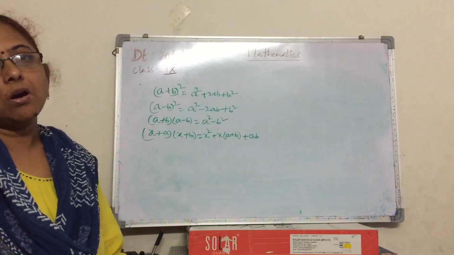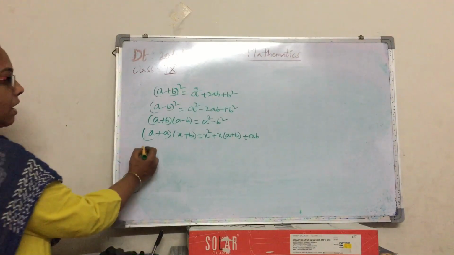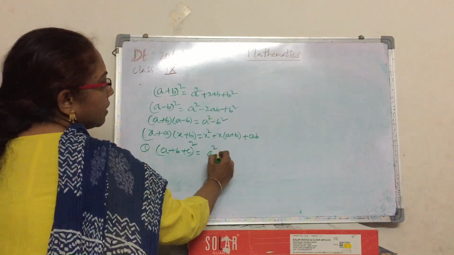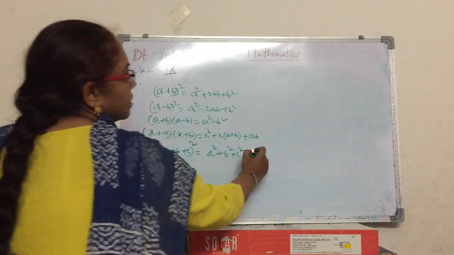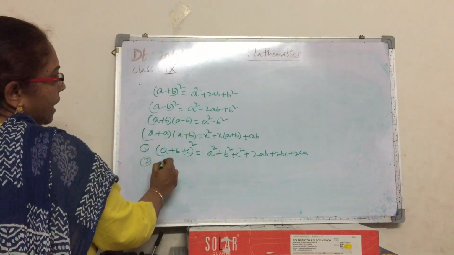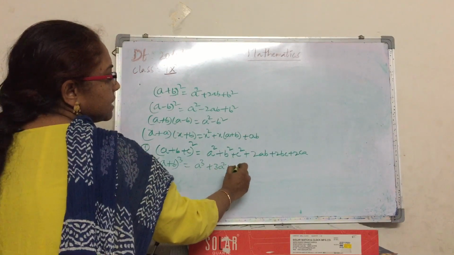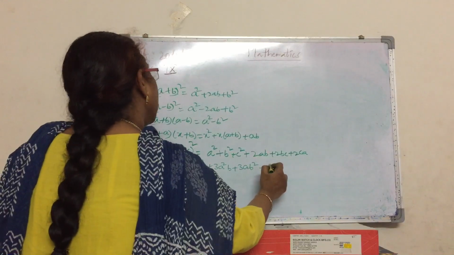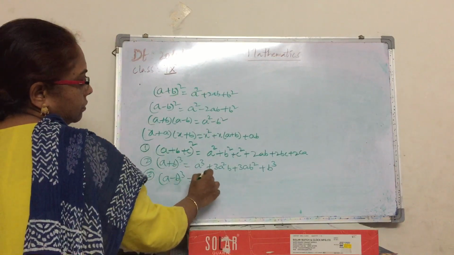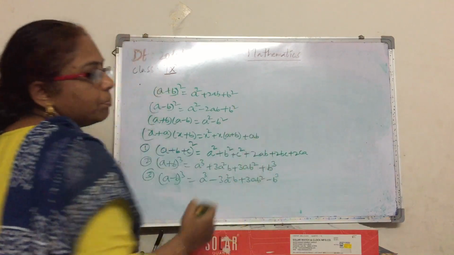Now some more algebraic identities we will learn in 9th class. One is (a plus b plus c) whole square is equal to a square plus b square plus c square plus 2ab plus 2bc plus 2ca, and (a plus b) whole cube is equal to a cube plus 3a square b plus 3ab square plus b cube, and (a minus b) whole cube is equal to a cube minus 3a square b plus 3ab square minus b cube.